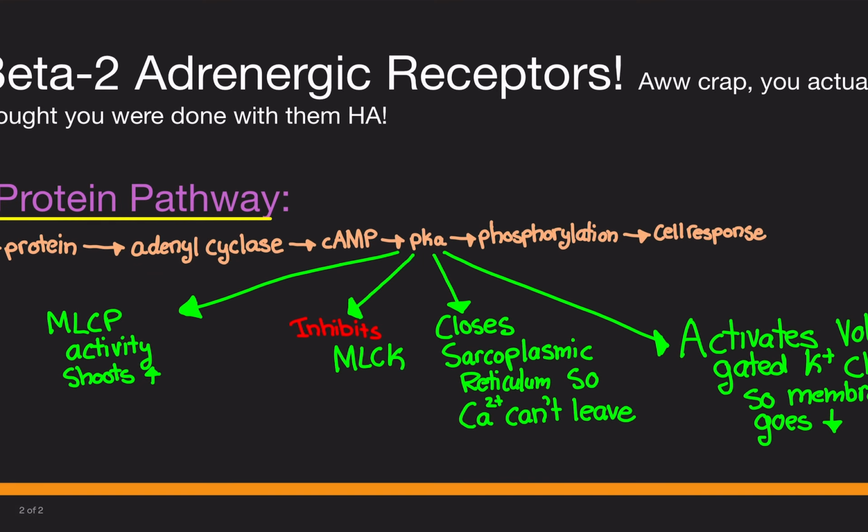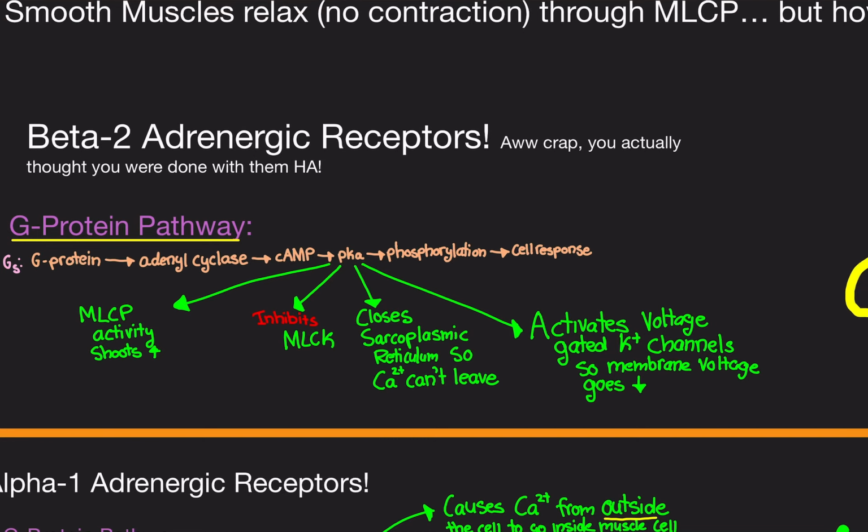Adenyl cyclase activates cAMP, which activates PKA, which causes phosphorylation and a cell response. We really don't care about any of this. What we care about is the PKA part of it. This is what does everything regarding smooth muscle relaxation.